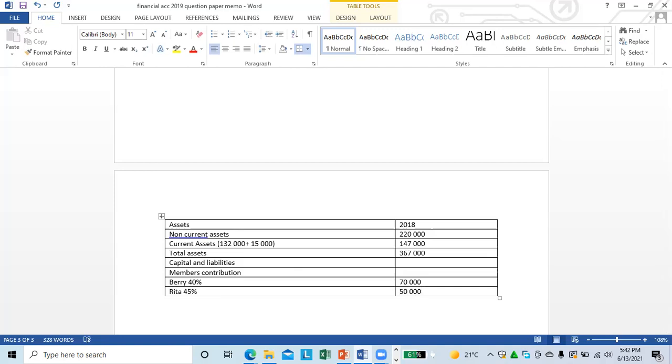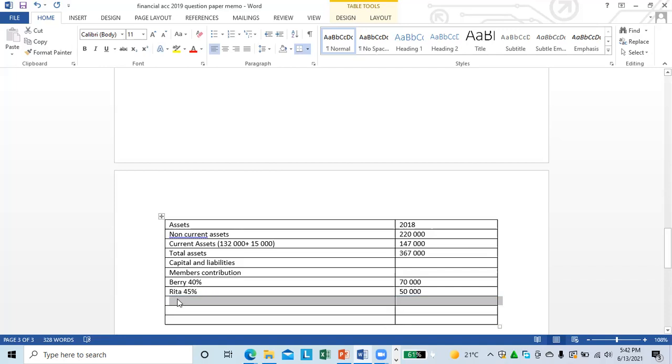She did not add anything. And then we move on to Tony. Tony has 15%. And therefore his initial contribution to the company was 60,000.